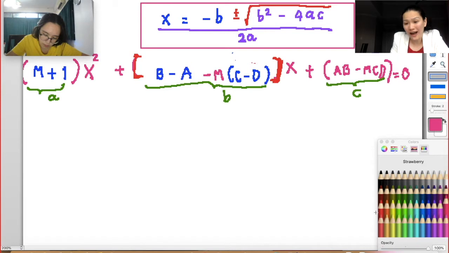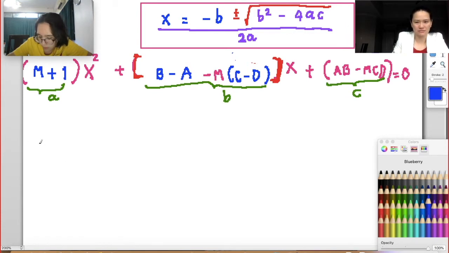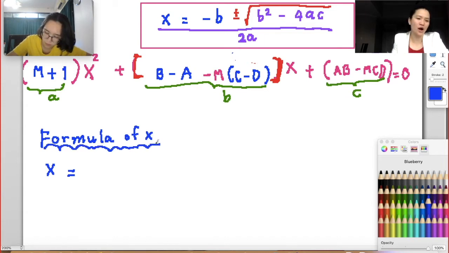So I want to find x. The equation for finding x: x equals the formula. Don't forget the one that we need to do. So x equals minus b.